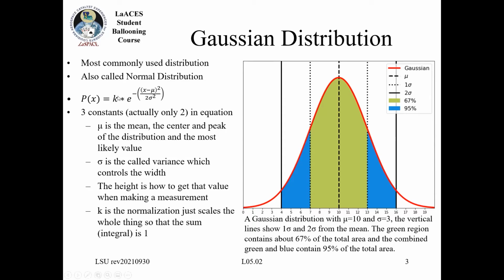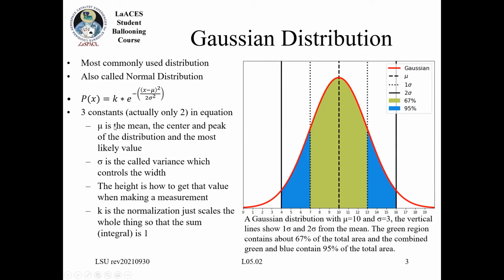Like I said, there are three different constants here. You can see there's this K out in front. There's this circle with a line, and that's a lowercase sigma. And then you can see this mu in the numerator of the exponent. What each of these do is they control the shape of this distribution.